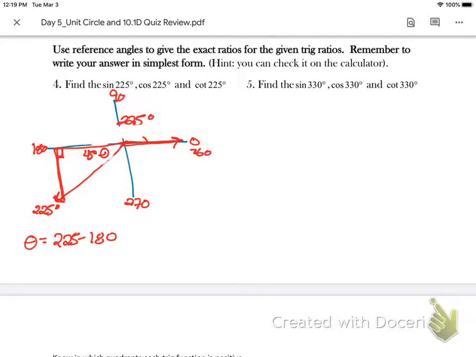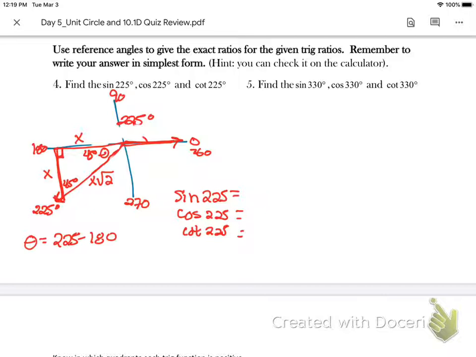So if that's a 45, that means this is 45 also, which means the sides are x, x, and x root 2, just our special triangles here, okay? So now I'm ready to find sine 225, cosine 225, and cotangent 225. I'm running out of space here.